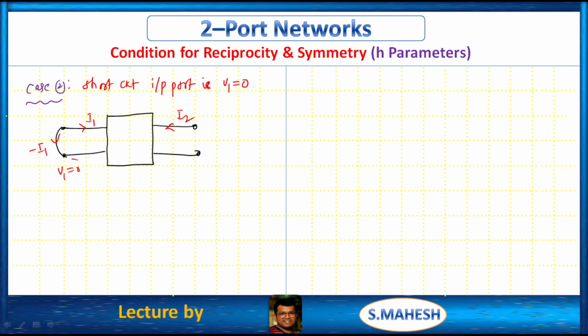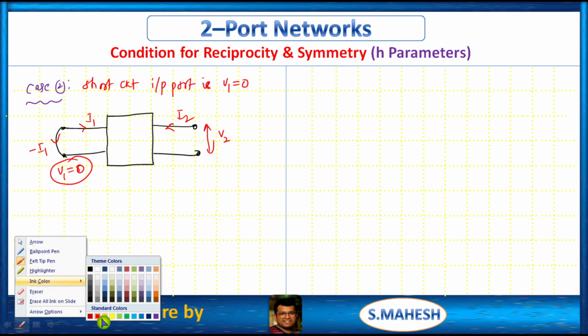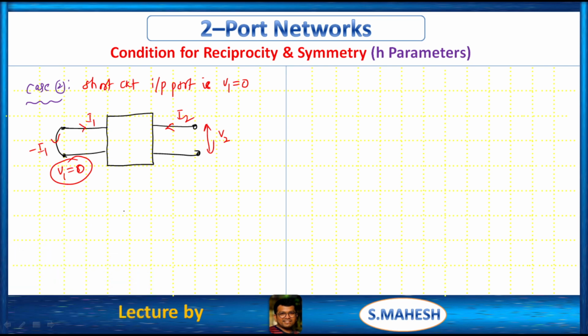Here V1 = 0, and across this is V2. Therefore when V1 = 0, what do we have? Supply voltage V1 = 0. We have H11 times minus I1 plus H12 V2, right?